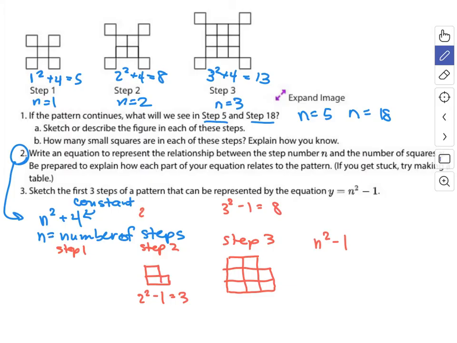Okay, 2 squared minus 1, I already did that one, sorry. Is 3, and step 1 would be 0. N squared for step 5. That would be 5 squared minus 1, which would be 25 minus 1, which is 24, etc.